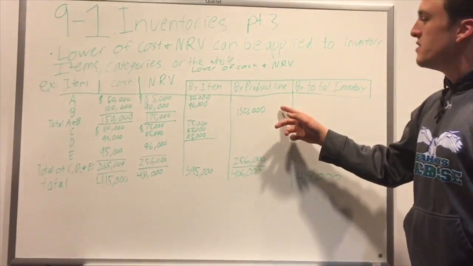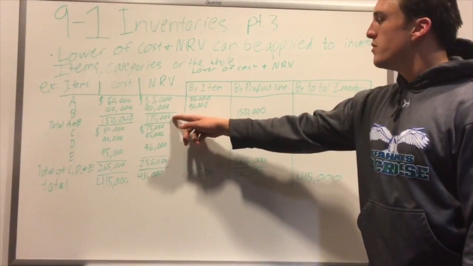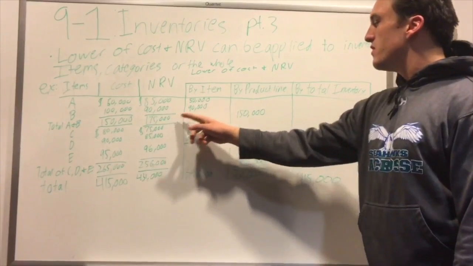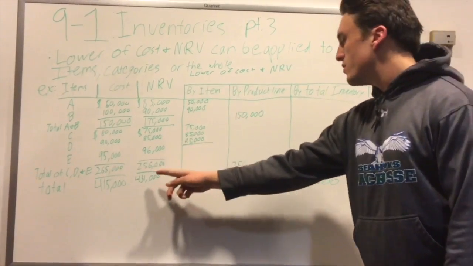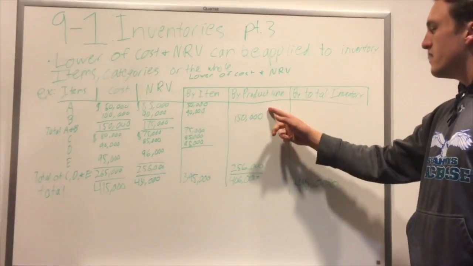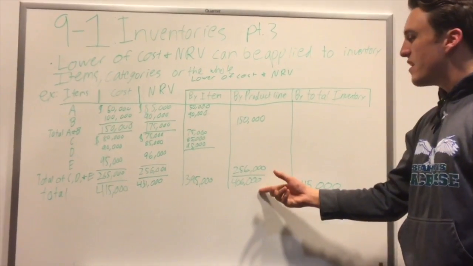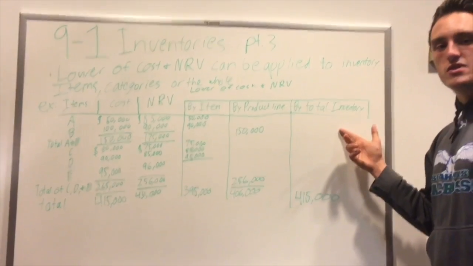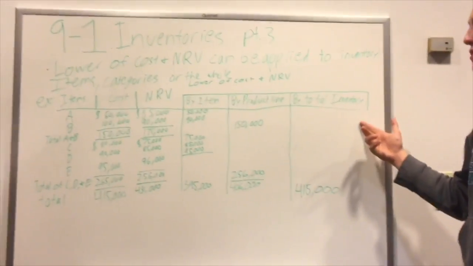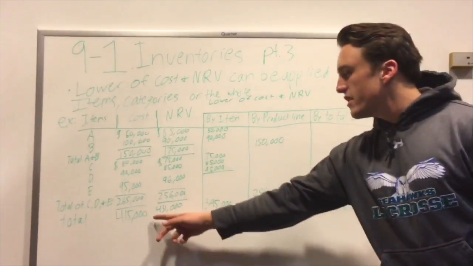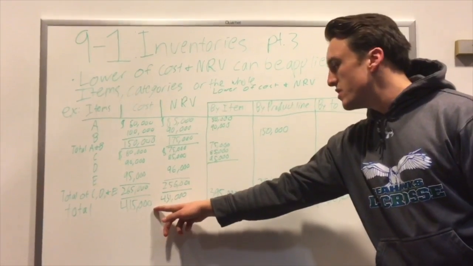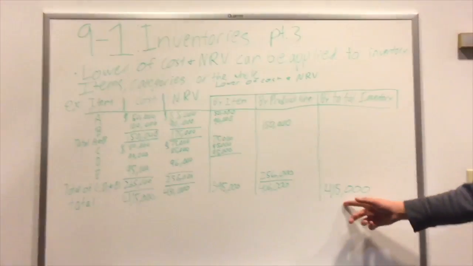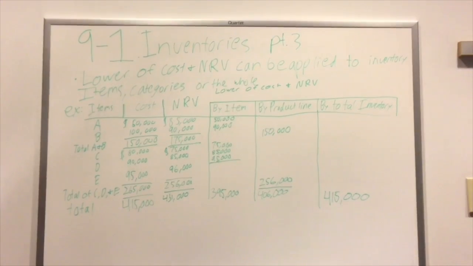For product lines, you take the lower total of your items, this being 150 and this one being 256, and add those up, and that'll give you your total for that. Now, to find the lower of cost and NRV for your total inventory, you just look and see which is the lower of the two numbers for your totals, and that is your final answer.